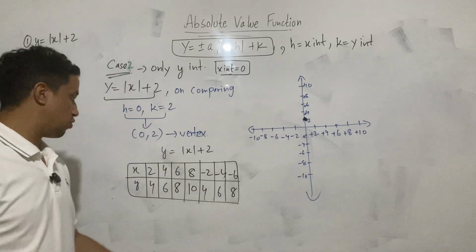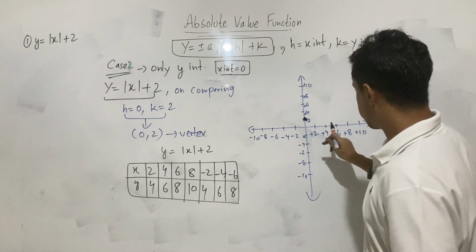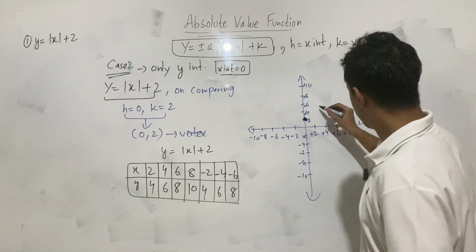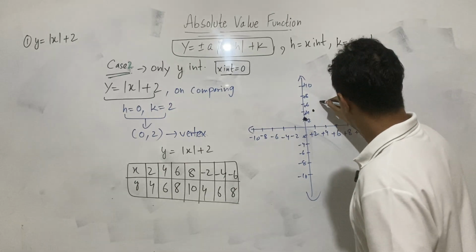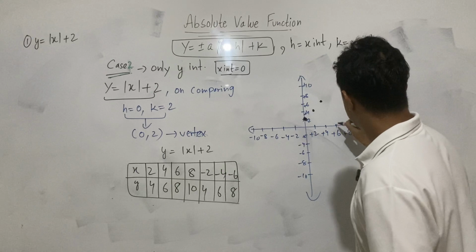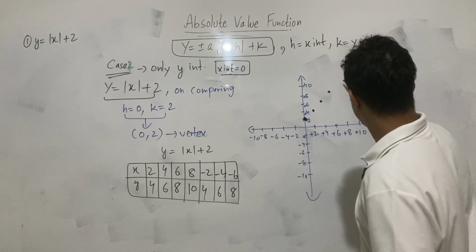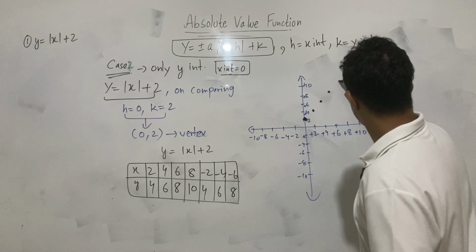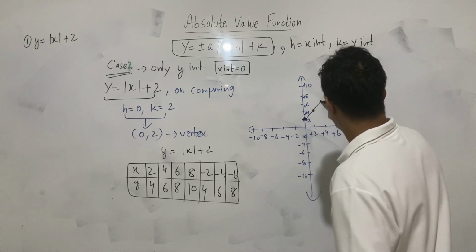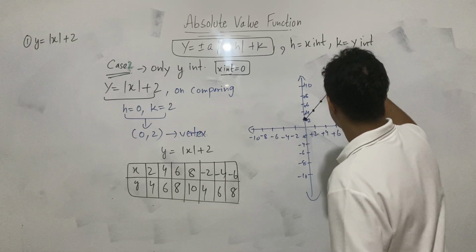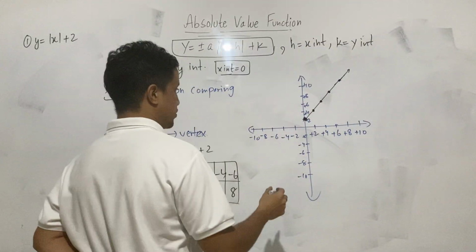Okay, now draw all the coordinates. For 2, 4, this point, then 4, 6, this point, then 6, 8, this point, then 8, 10, this point. So if you join, it's going to be this. Same on the other side.